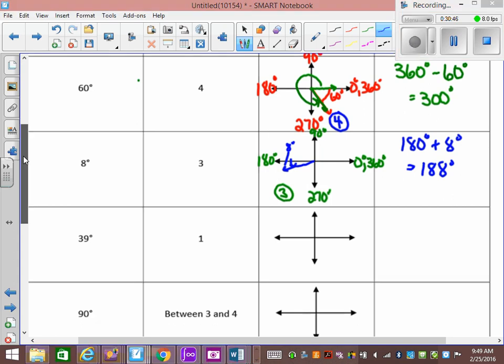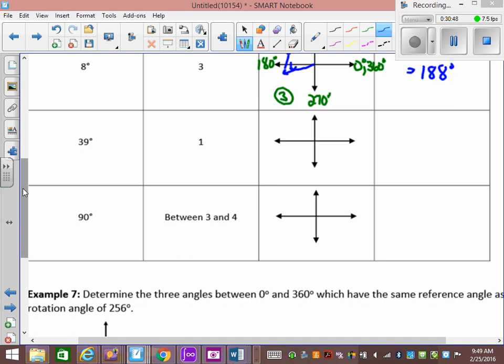Now we're going to go to the bottom one. 90 degrees between 3 and 4. What does that mean? Well, it could be 90 this way, or it could be 90 this way. Either way, it's 270.